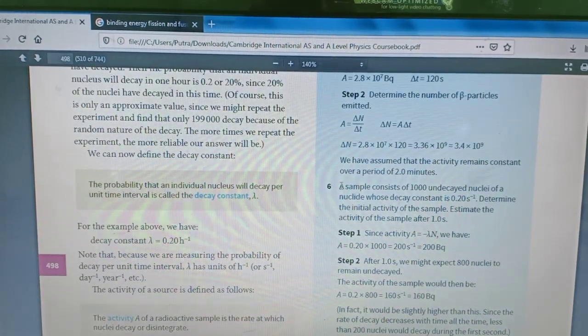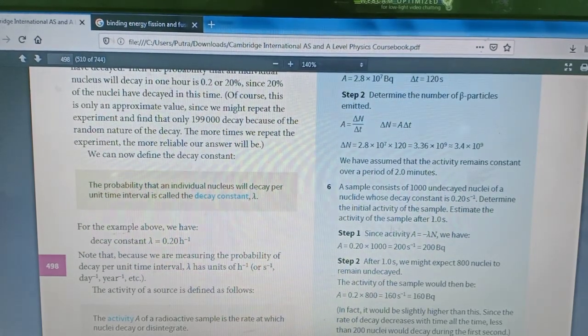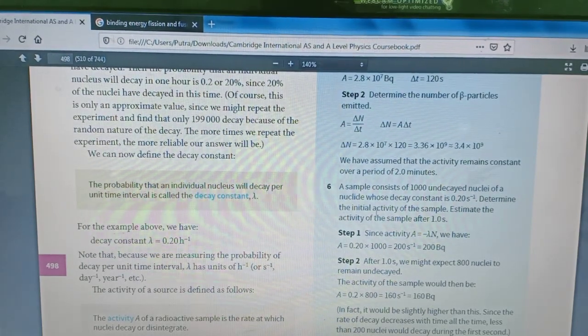Next example. A sample consists of 1000 undecayed nuclei of a nuclide whose decay constant is 0.2 per second. Determine the initial activity of the sample. Estimate the activity of the sample after 1 second.